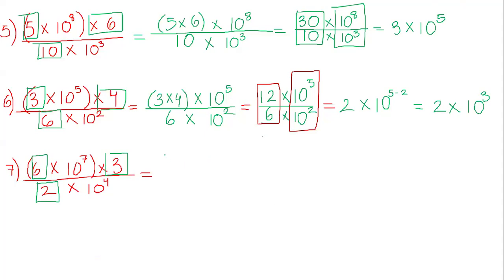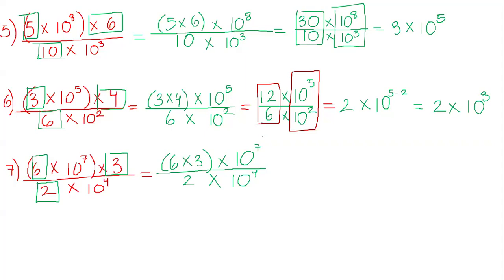So we have 6 times 3, so I'm grouping them together, 6 times 3, multiplied by 10 to the power of 7, all over 2 times 10 to the power of 4.